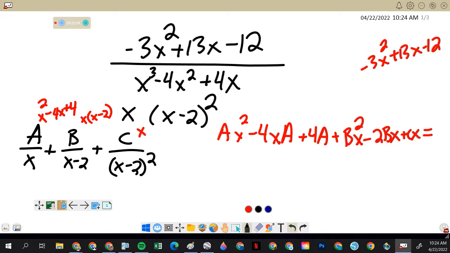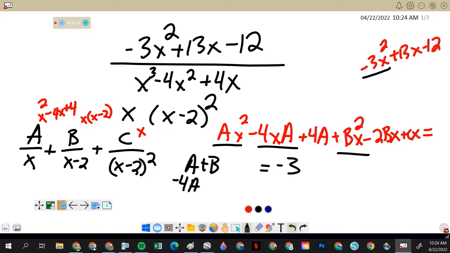So my x squared equation will be a plus b equals negative 3. My x equation is negative 4a minus 2b plus c equals 13.